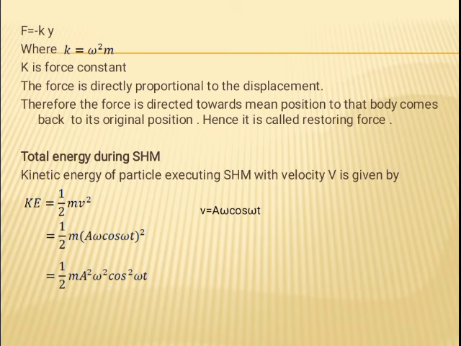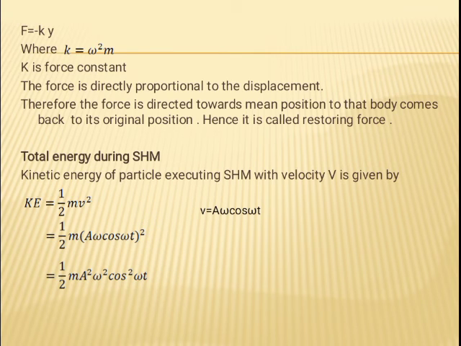Now, speaking about the total energy during simple harmonic motion. What are we studying here? We understood velocity and acceleration, and we also understood how to find the force law. Now we will study how to derive the kinetic energy, or the total energy, during simple harmonic motion, and I will teach you how we can derive the energy step by step.